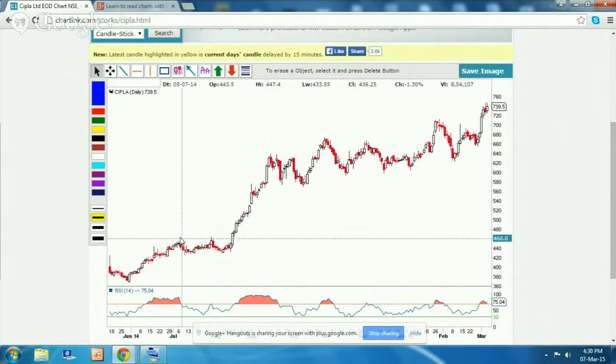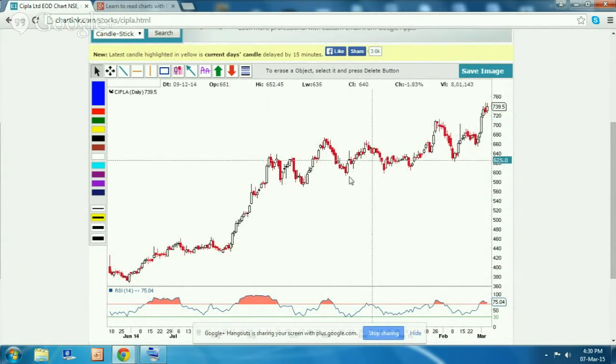The first thing we want to decide is the trend of this chart. How do you do that? Just look at the tops. This is top 1, which I am showing, top 2, 3, 4. All these tops are going up and up, except for a sideways movement here. All these tops are going up and up.